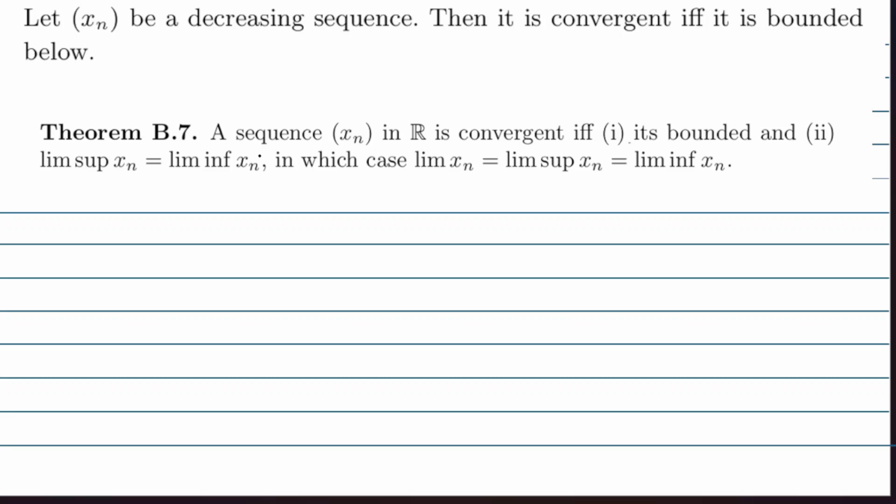We know a theorem which says that a sequence xn in R is convergent if and only if it is bounded, and lim sup of xn is equal to lim inf of xn, or we can say that limit of xn is equal to lim sup of xn and lim inf of xn. So in a general way, if a sequence is convergent, then lim sup of xn is equal to lim inf of xn is equal to limit of xn.